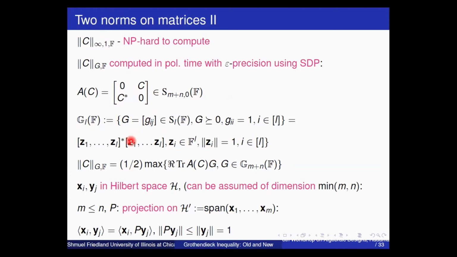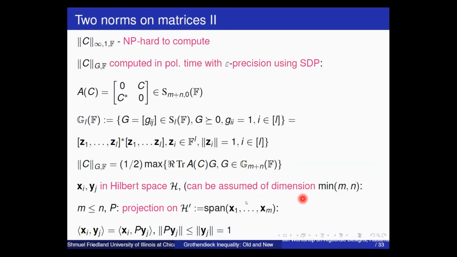In other words, positive semi-definite matrices with diagonal 1, which means that essentially it would be a product A star A, where each column of A is of length 1. Then CGF is just half of the maximum of the real part of the trace of this, and this is an SDP problem over positive definite matrices. Therefore, it is computed in polynomial time with absolute precision.